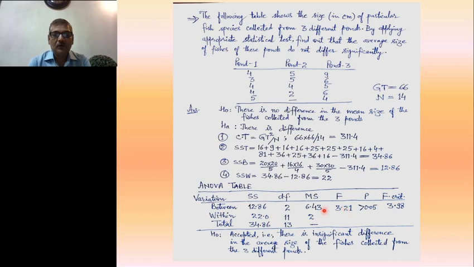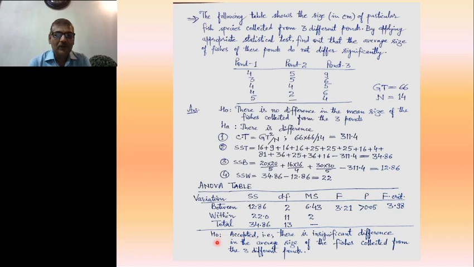So F value, that is MSB divided by MSW, this comes 3.21, and the F critical value is 3.98. So you have observed that the calculated value is less than the critical value, so you accept the null hypothesis, that is, probability is more than 5%.